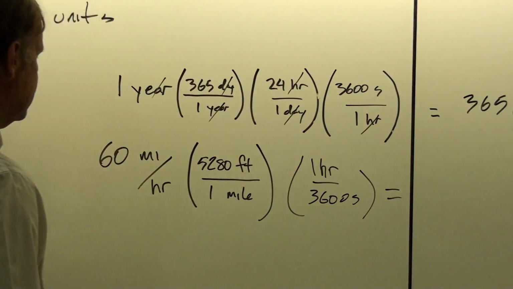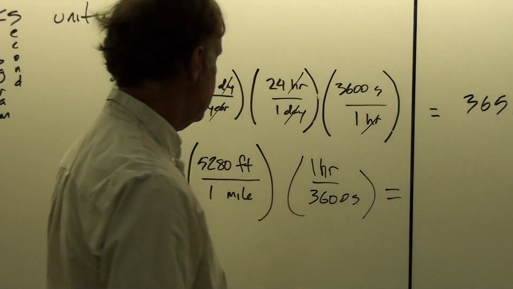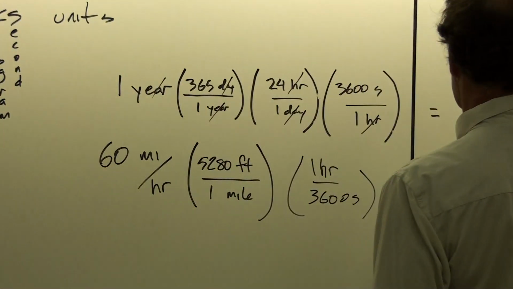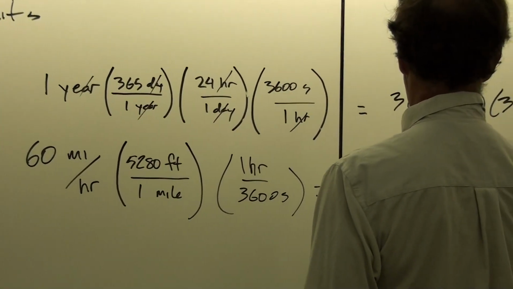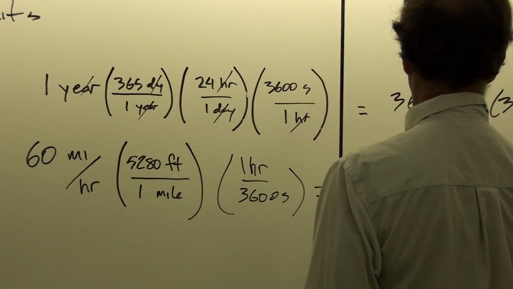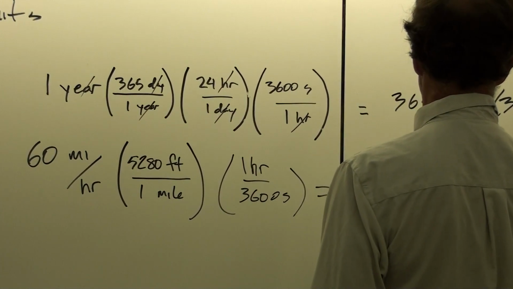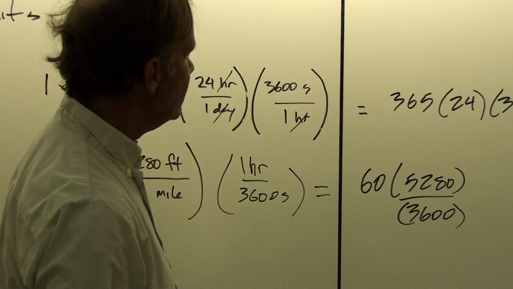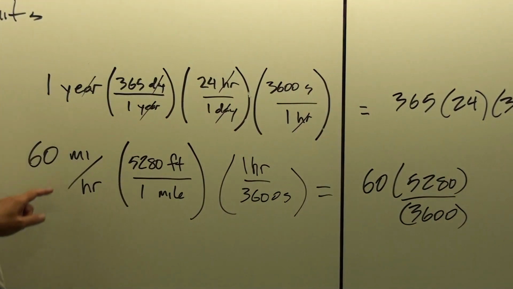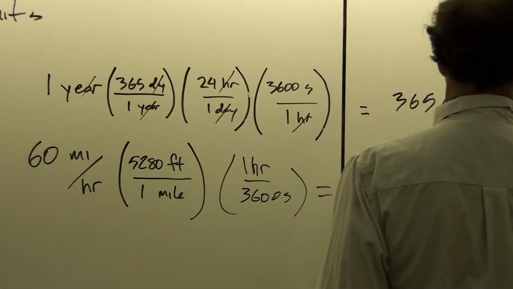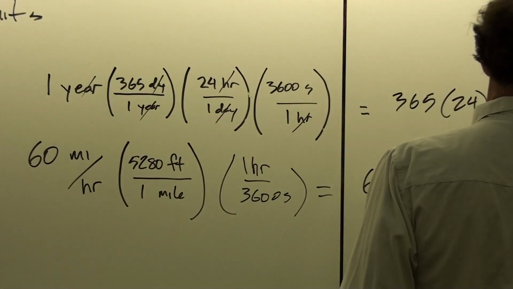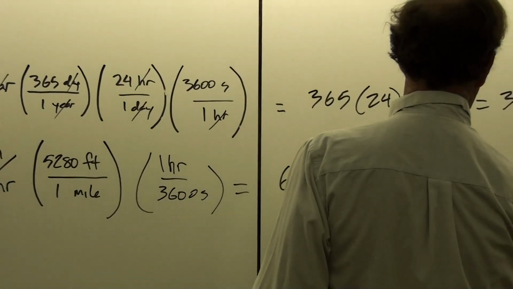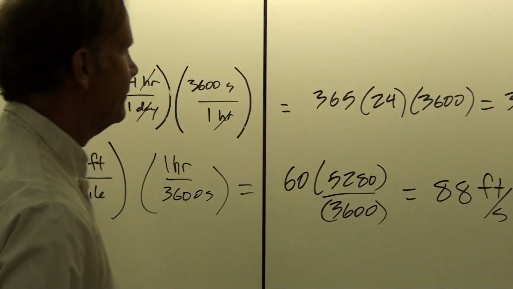So that gives us 60 times 5280 over 3,600. So the 5280 over 3,600 is the conversion factor that gets us from miles per hour to feet per second. So that gives us roughly 88 feet per second, or 88 FPS.